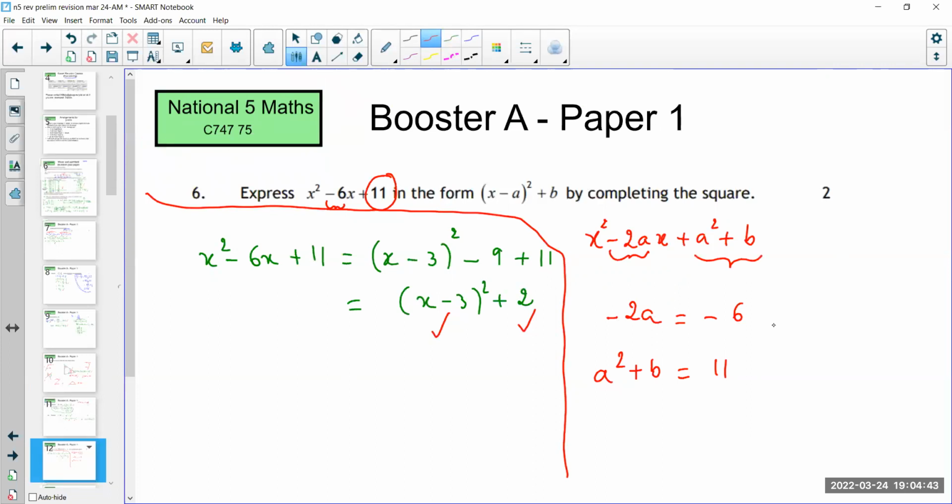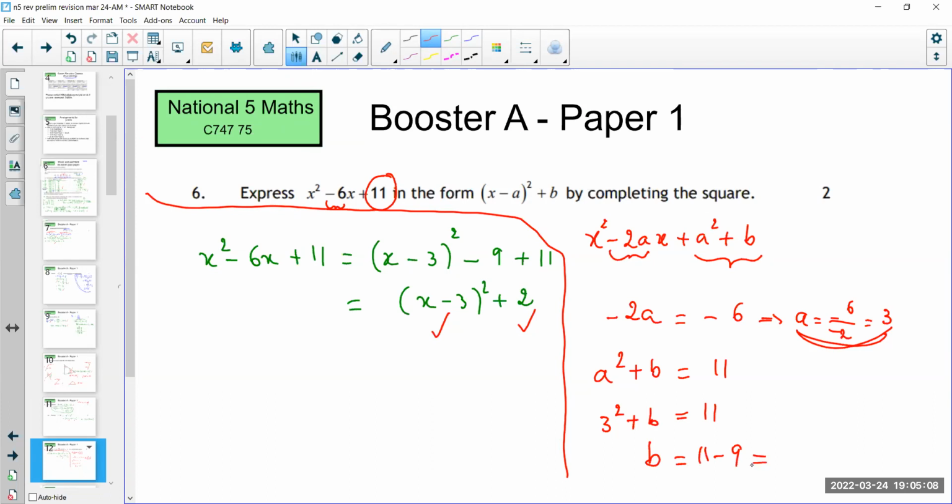-2a equals -6, which means a equals -6 divided by -2, that is 3. So I've got my a. I'm going to substitute a here, 3 squared plus b equals 11. What is 3 squared? 9. b is just 11 minus 9.